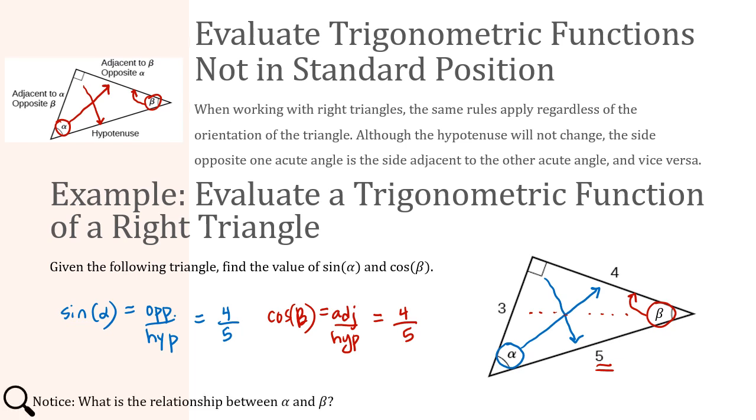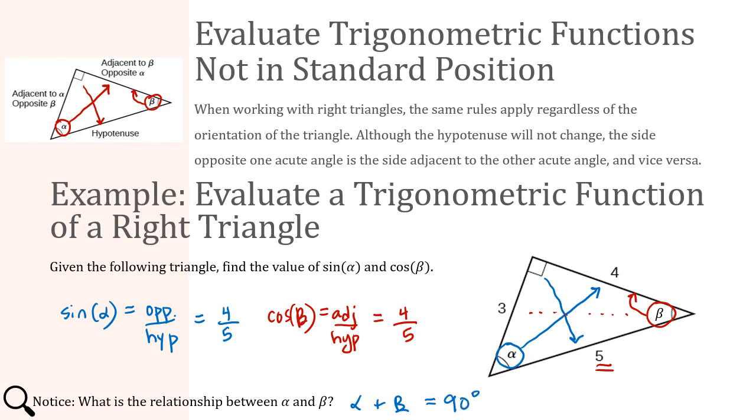So is that a coincidence that they equal each other? What is the relationship between alpha and beta? Well, it is a right triangle, so the only relationship I can see right off the bat is that alpha plus beta, I don't necessarily know what each one of them equals, but I know that their sum must be 90 degrees.